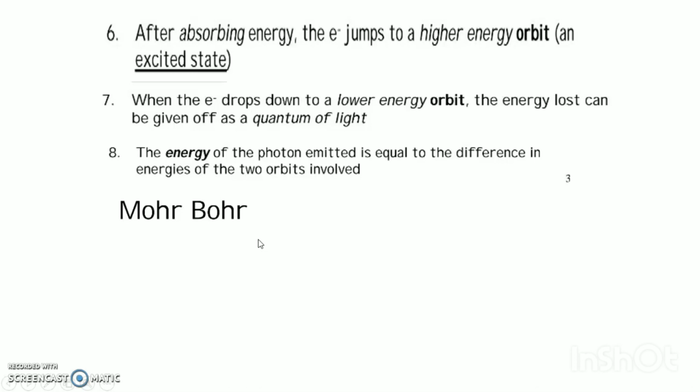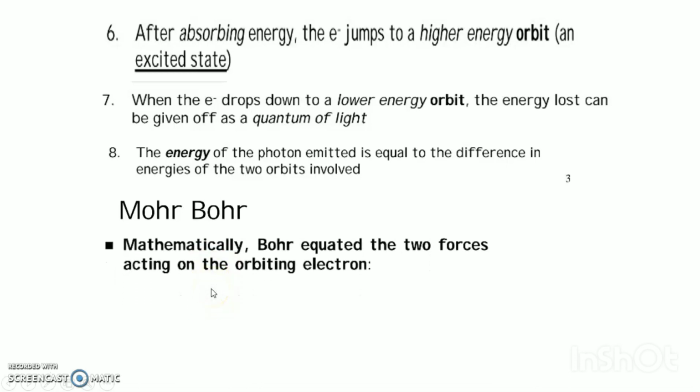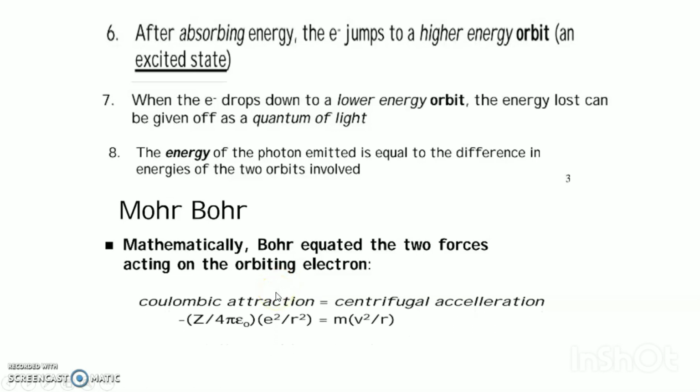More Bohr. Mathematically, Bohr equated the two forces acting on the orbiting electron, Coulombic attraction and centrifugal acceleration. So Coulombic attraction is e squared divided by 4 pi epsilon 0 R squared.